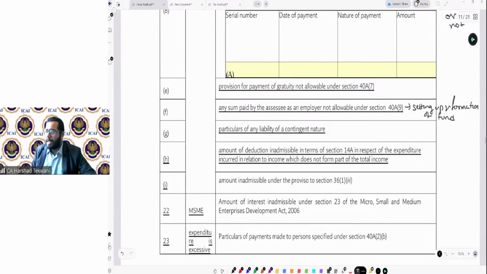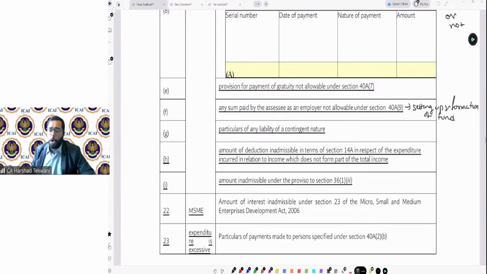And the last one is the deduction amount inadmissible under the proviso to section 36(1)(iii). Now 36(1)(iii) talks about interest paid in respect of capital borrowed for acquisition of an asset, for the period beginning from the date when the capital was borrowed till the date the asset was put to use.